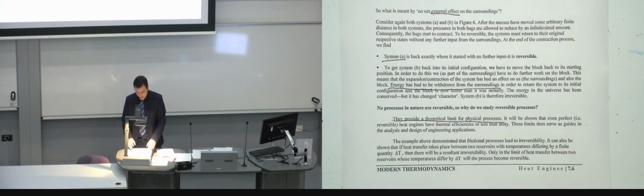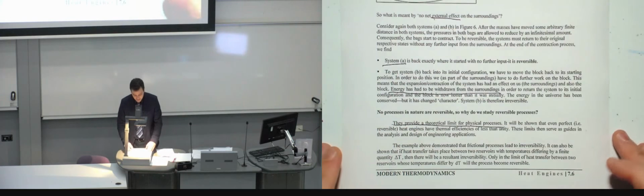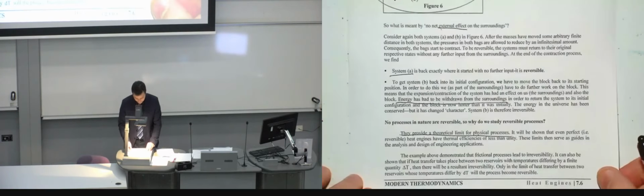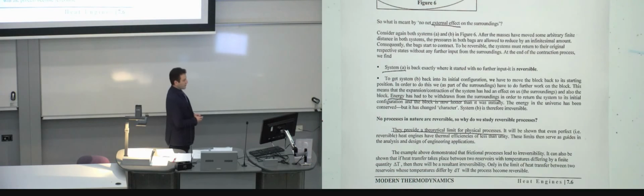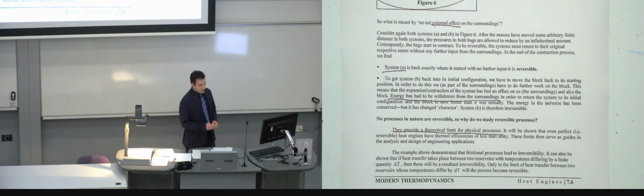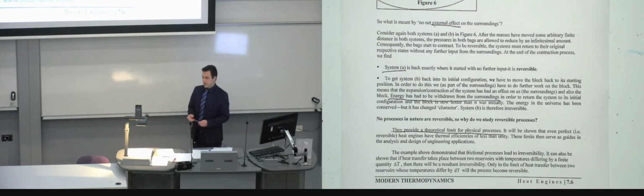Something which refers back and confirms what we've been saying about these two examples is the last paragraph. As an indication of whether your system is irreversible or reversible, you can look for something which involves heat transfer.